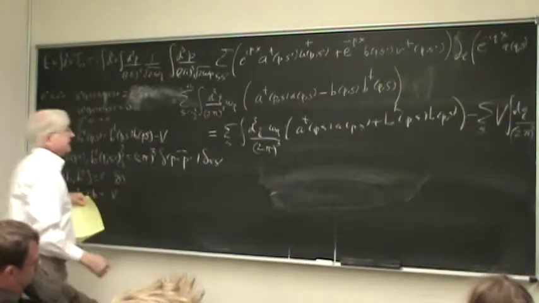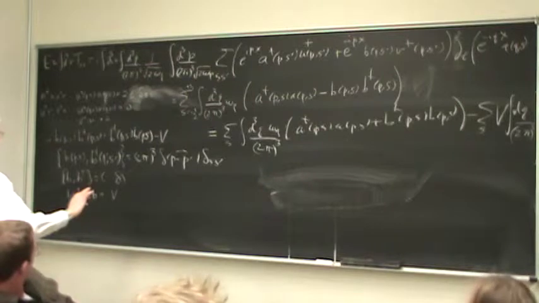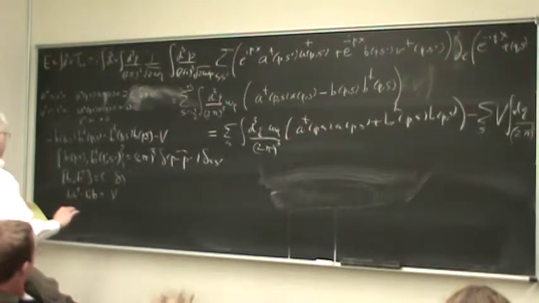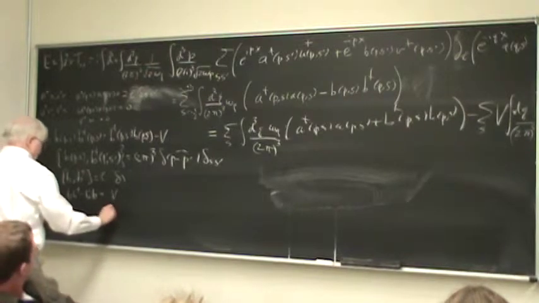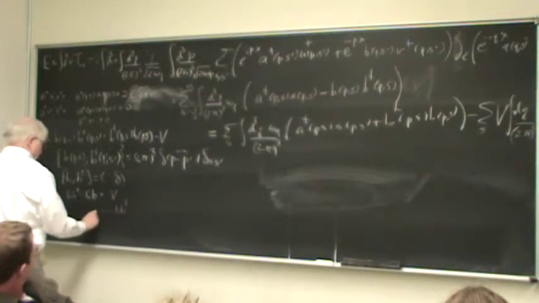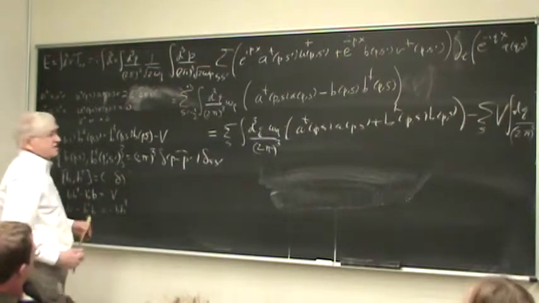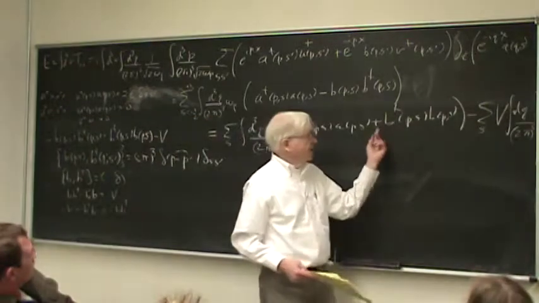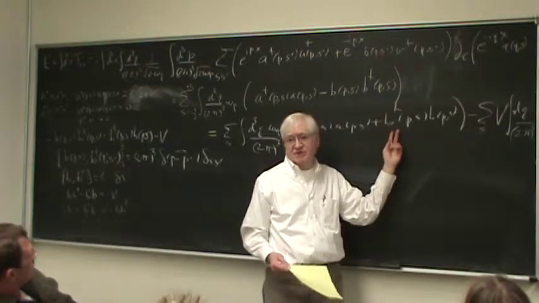But if on the other hand you use commutation relations, then you have minus b dagger b. Then you get, again, negative energy, but the energy gets lower the more antiparticles you make.